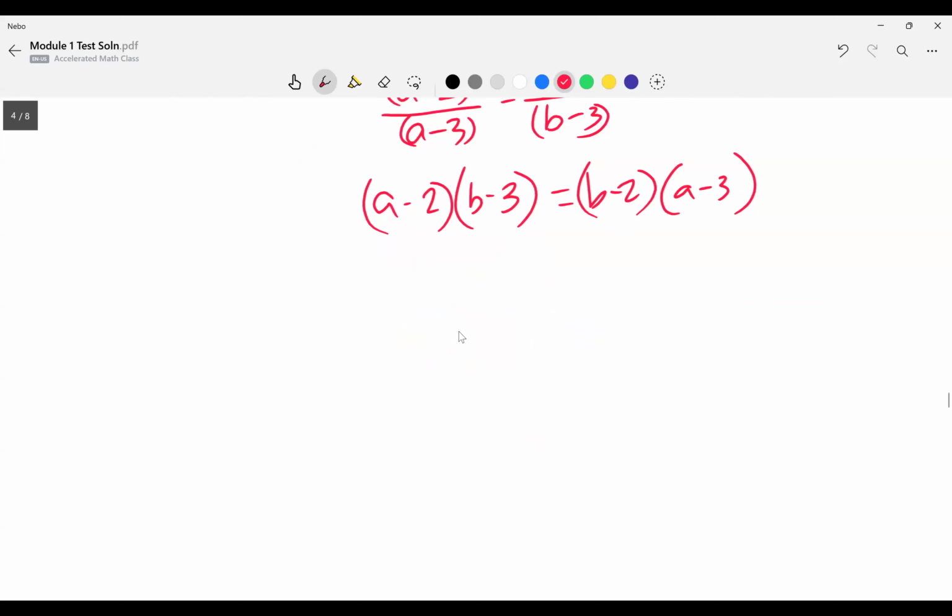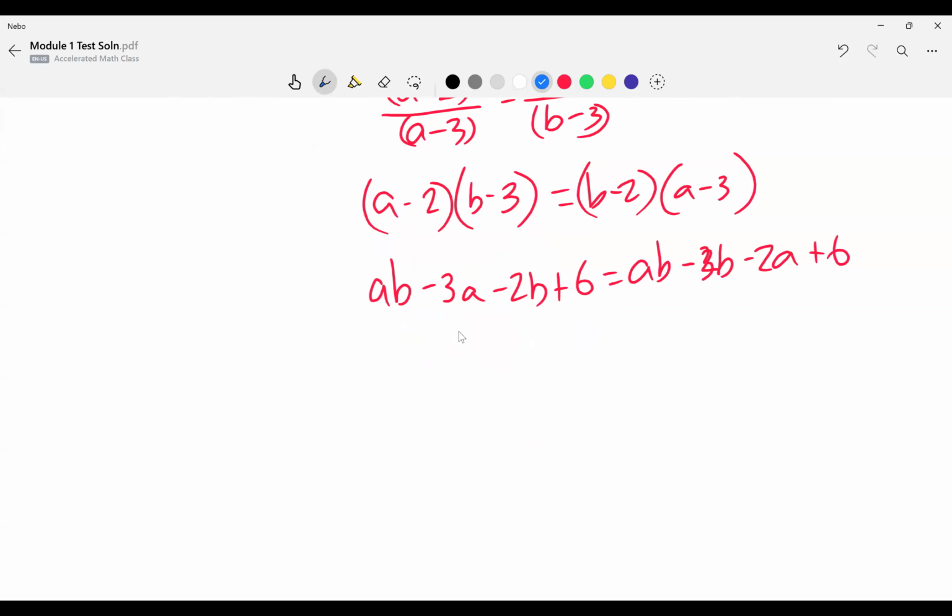Expanding it out, we have AB minus 3A minus 2B plus 6 equal AB minus 2 minus 3B minus 2A plus 6. So this 6 cancels this 6. This AB cancels this AB.